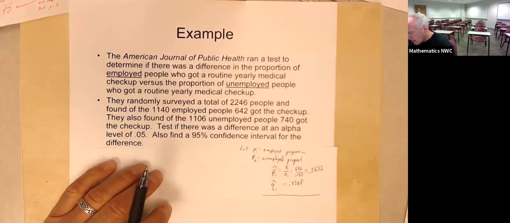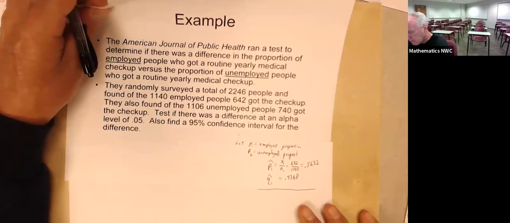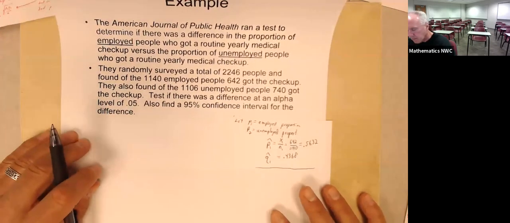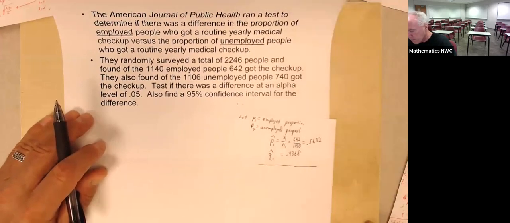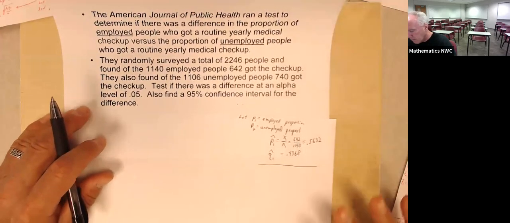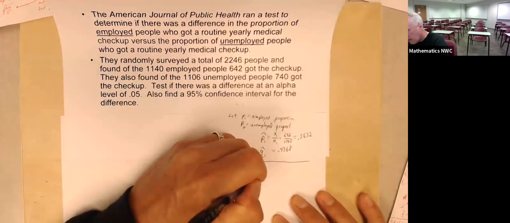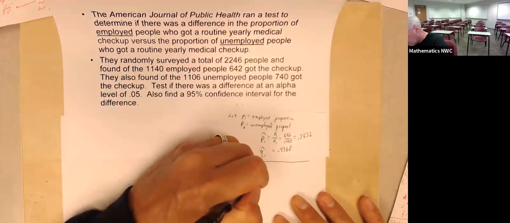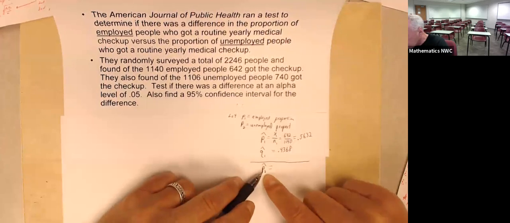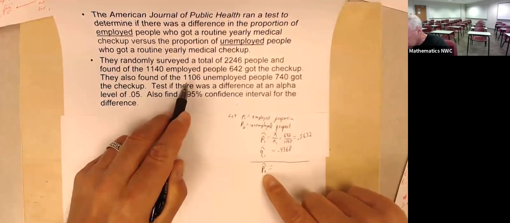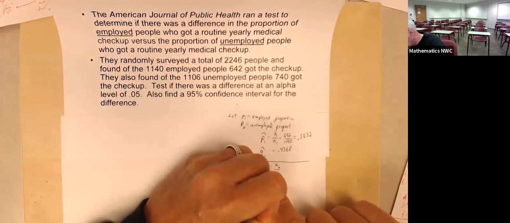Okay. I'm going to slide this up a little bit so I have a little bit more room to work with. P hat 2 is the proportion from the second sample, so that would be X sub 2 over N sub 2.